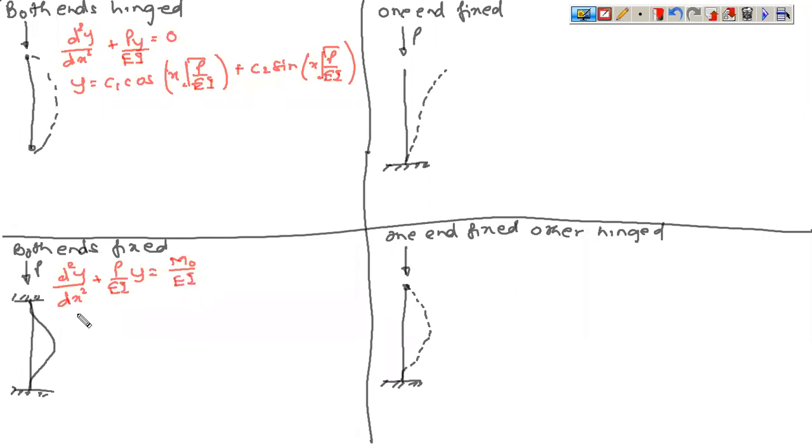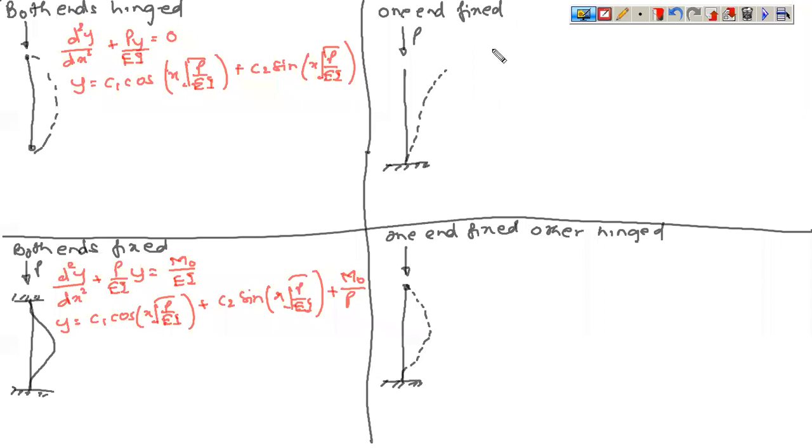If you look at the solution, you have got y is equal to c1 cos x under root P by EI plus c2 sin x under root P by EI plus M naught by P.